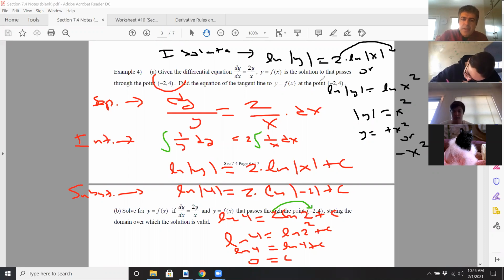But because when I plug in -2 for x, I get +4, not -4, I'm going to go with this one. Now, y could have equaled negative x squared, and that's okay because you're doing the absolute value of it anyway. But given the initial condition, you have to go with positive x squared, because when x is -2, y is 4.